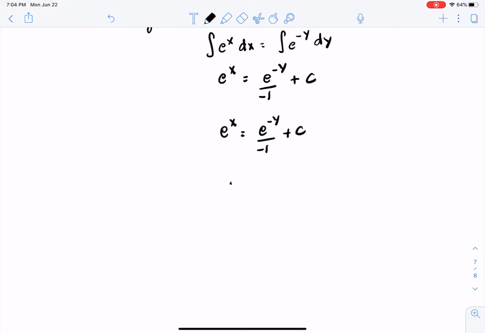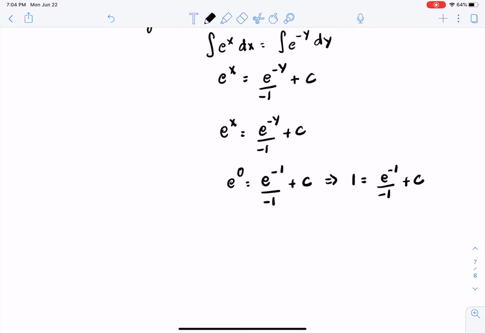So e raised 0 is equal to e raised negative 1 over negative 1 plus c. E raised 0 is 1. So 1 would equal e raised negative 1 over negative 1 plus c.